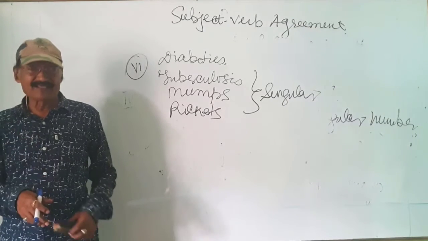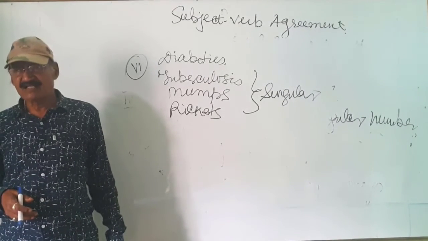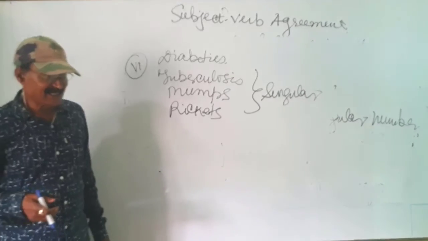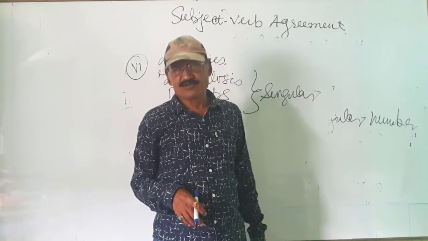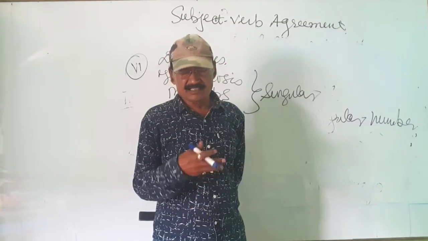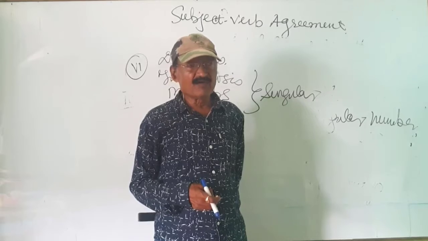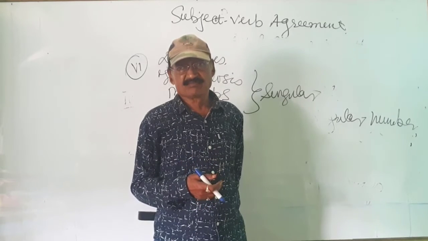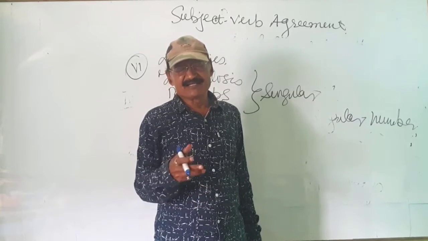You can also say measles is a dangerous disease. You can understand that mumps affects children. Tuberculosis is now curable. Diabetes is a worldwide disease. Diabetes is spreading widely.